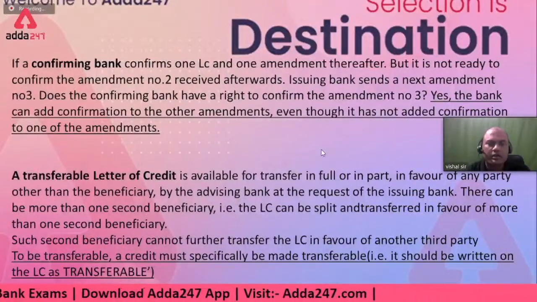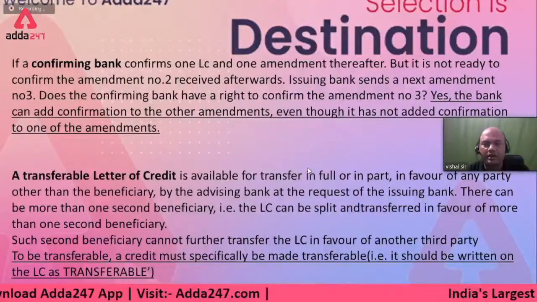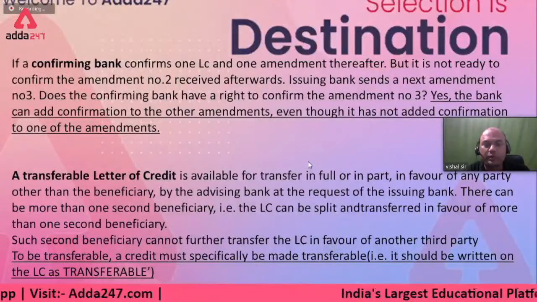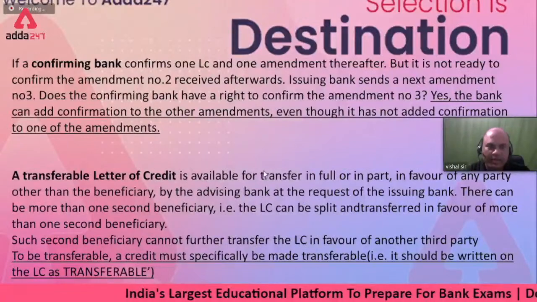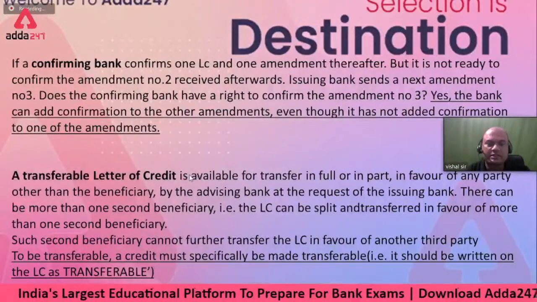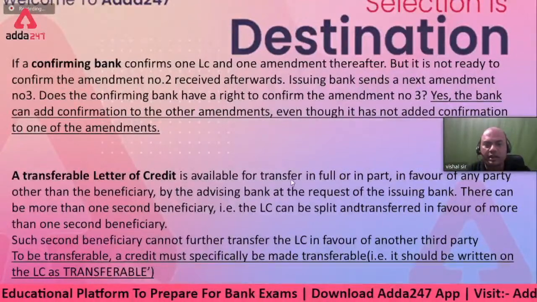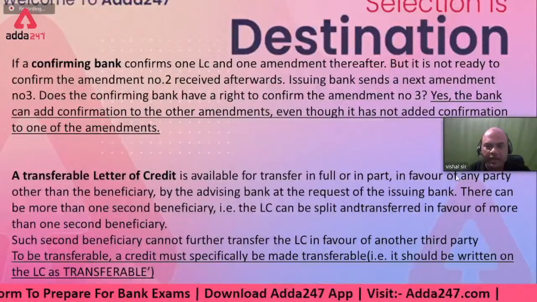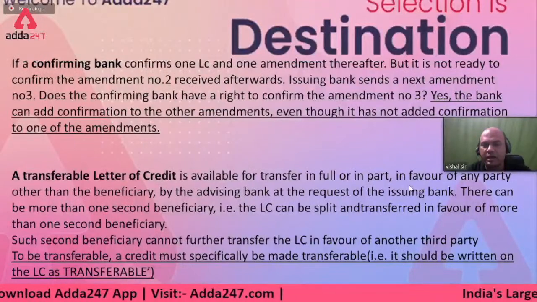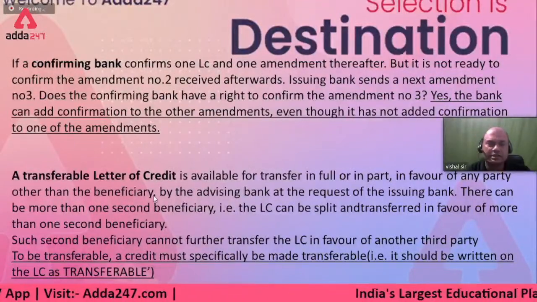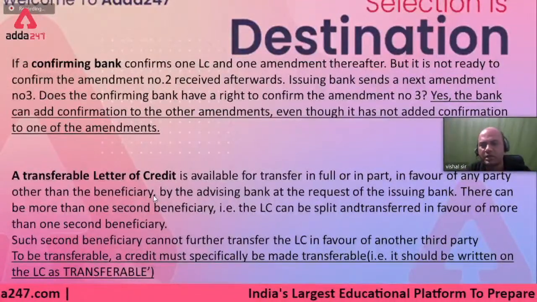Okay, so our duty as a banker is to read the LC up to the end of the message, up to the last line. Okay, so a transferable LC is available for transfer in full or part in favor of any party other than the beneficiary. Now, what do I mean by any party other than the beneficiary? Firstly, tell me what is an LC.